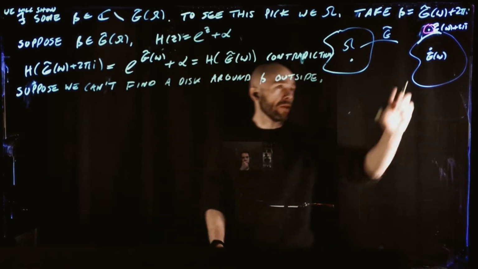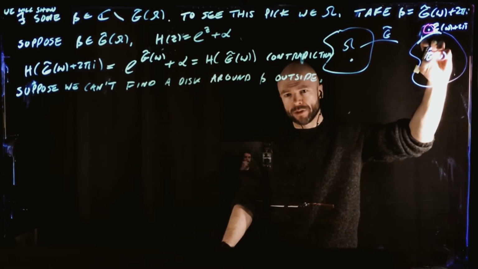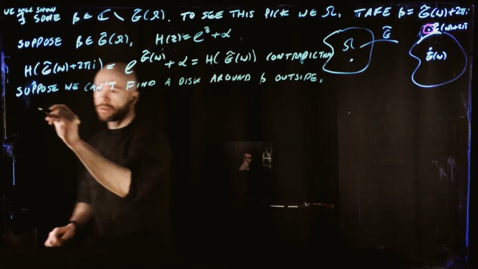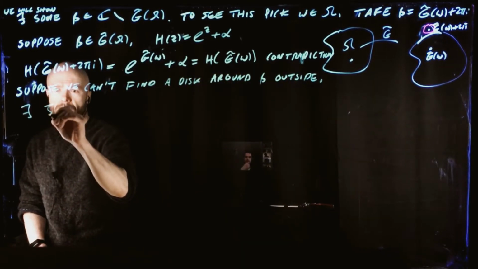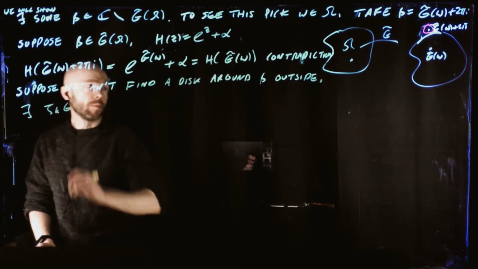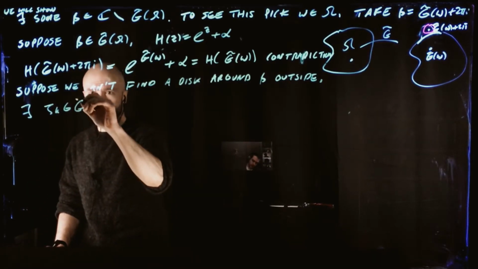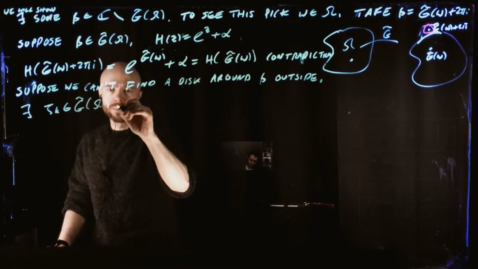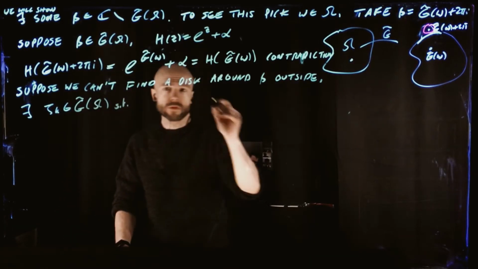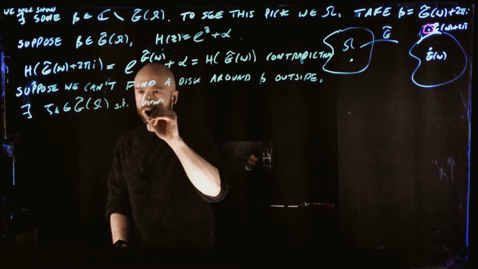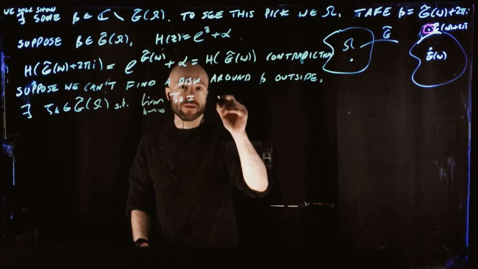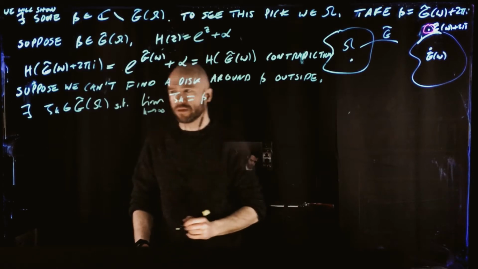So that means we can get a sequence of points inside the image getting closer and closer to this point. So there exists, say, zeta k belonging to the image G tilde of omega, such that the limit as k tends to infinity is this bad guy, like this.